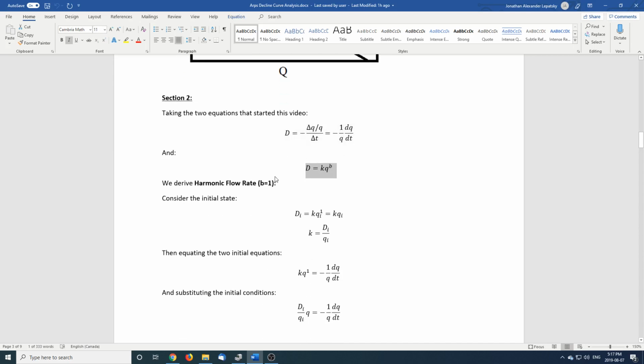So what are you going to do for harmonic? Well, you're going to set b equal to 1, and then you're going to arrange stuff, take an integral, and see what comes out. So first we want to consider the initial state of the system. That's where q is equal to qi and d is equal to di.